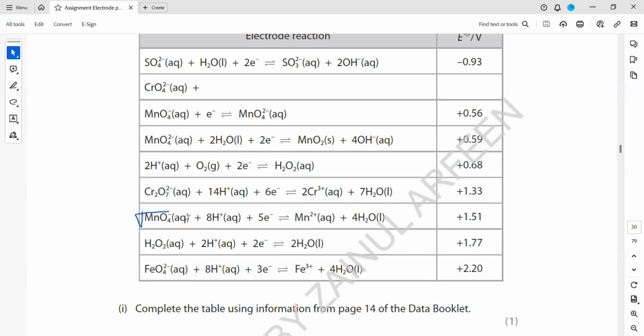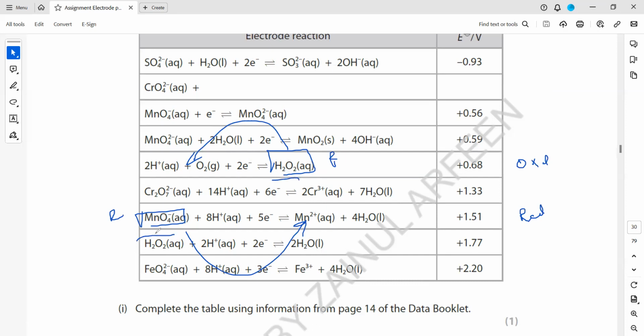Then what else is there? This is MnO4. And there's also another hydrogen peroxide equation. If we check their electrode potentials, this is the higher electrode potential, reduction, and the other is oxidation. So this forward reaction is feasible and this backward reaction is feasible. In this way, this will be the reactant, and in this way, this will be the reactant.